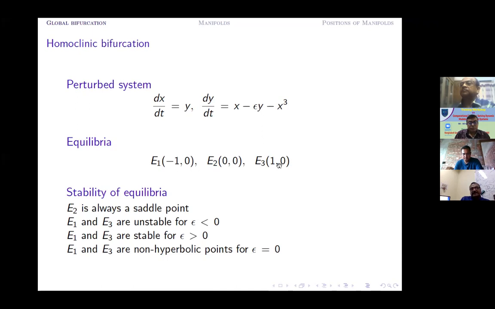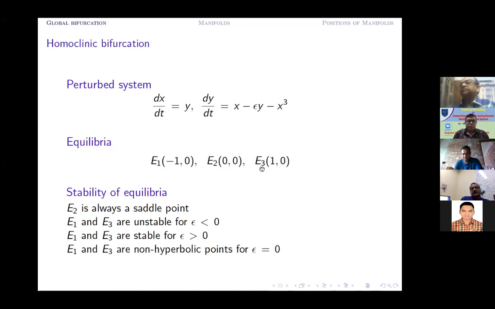Interestingly, although the parameter epsilon is involved in the model, as in the problem we discussed yesterday, none of the equilibrium points depends on epsilon. Rather, they are completely free from epsilon.